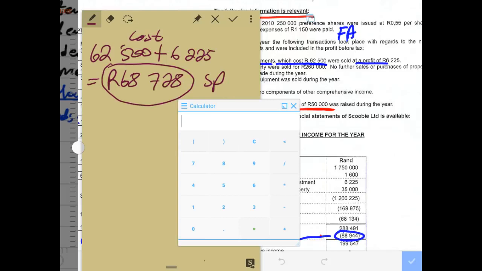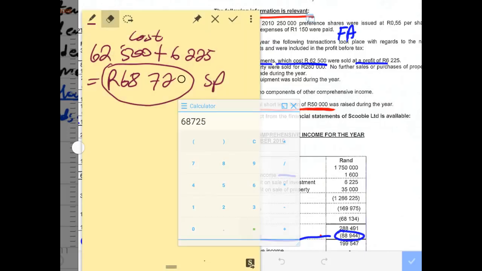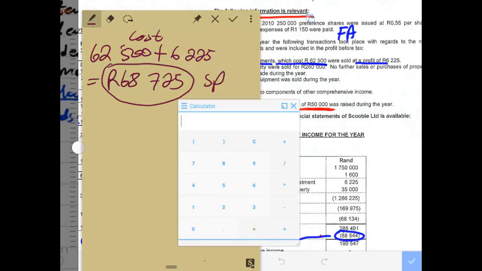Let me recalculate that. 62,500 plus 6,225 will give us 68,725, not 28. 68,725 will be the proceeds on the sale of this investment.